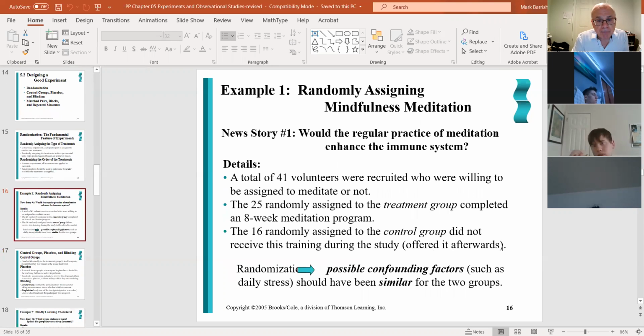All right, so here's an example, randomly assigning meditation practice. They want to see, does regular practice of a certain type of meditation enhance the immune system? So what is the explanatory variable? Whether you meditate or don't meditate, right? You have a control group that doesn't meditate, and you want to see what effect there is on the immune system.